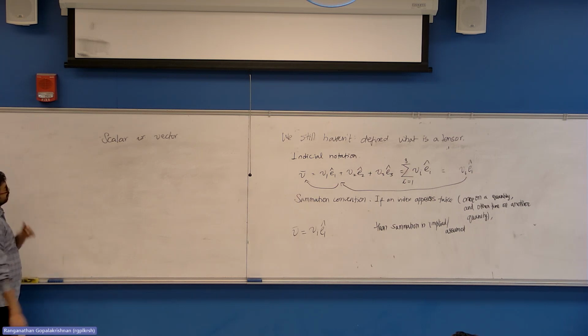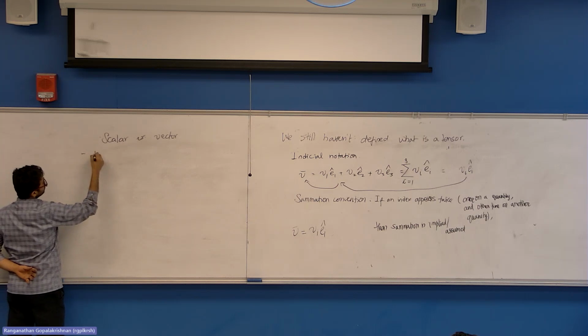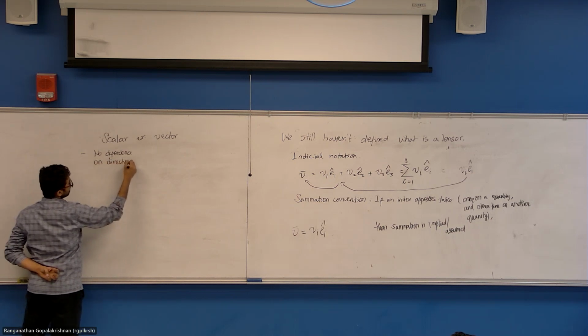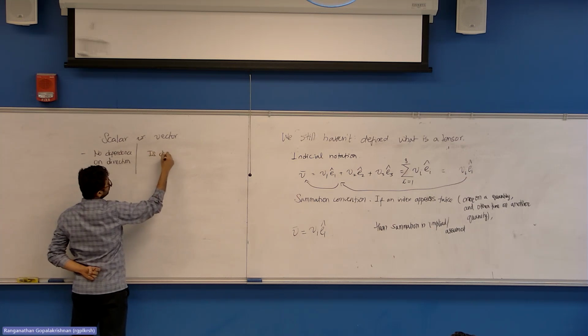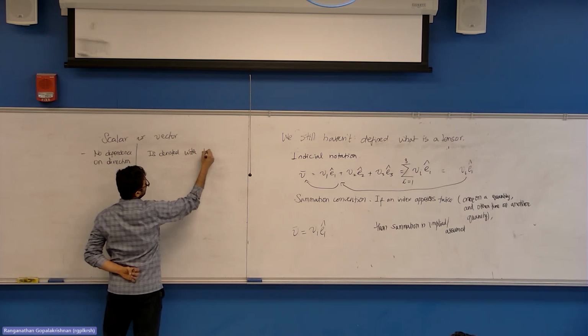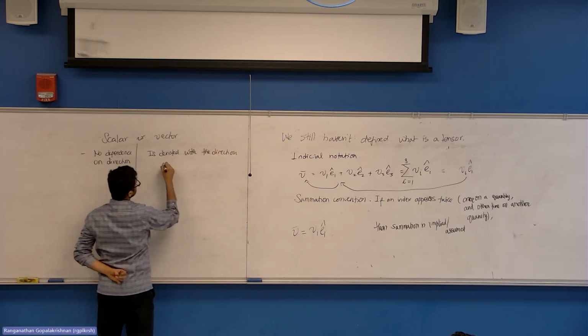So when we talk about a scalar, it has no dependence on direction, whereas a vector is denoted with the direction always.